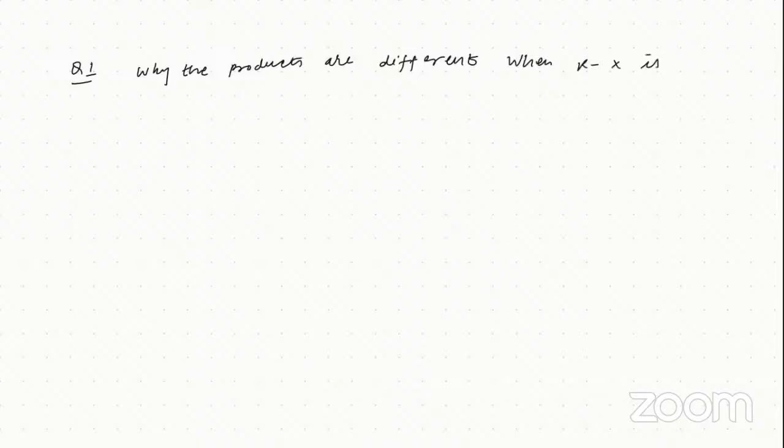Okay. See the question. Question number 1. Why are the products different when RX is treated with KCN and AgCN?